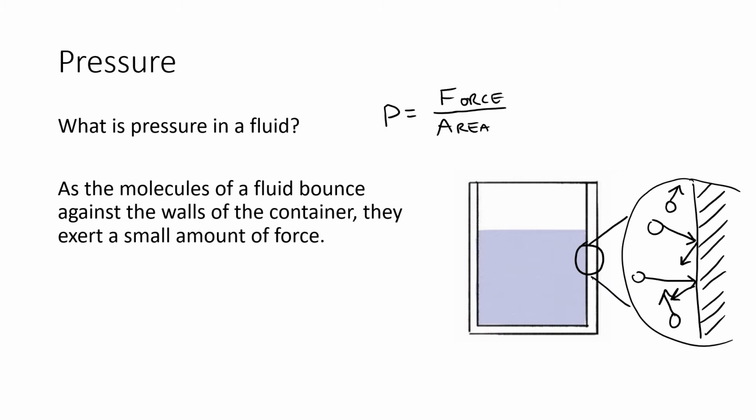adds a little bit of force inward. So I'm going to make that this red. Small force, make it a little brighter. There's a small little force from that molecule. There's a small little force from that molecule.